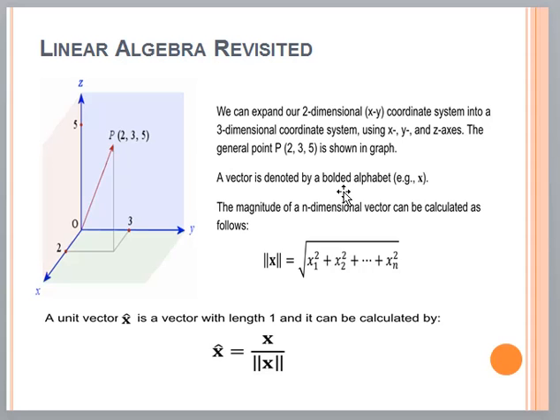Now a vector is denoted by a bold alphabet, x. We can define its magnitude and its unit vector. You remember that the magnitude of an n-dimensional vector can be calculated as follows. The magnitude of a vector x is represented by these double lines, and it is the square root of x1 squared plus x2 squared up to xn squared. This is the general formula to calculate the magnitude of a vector x.